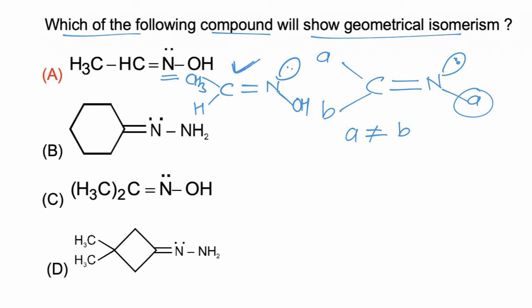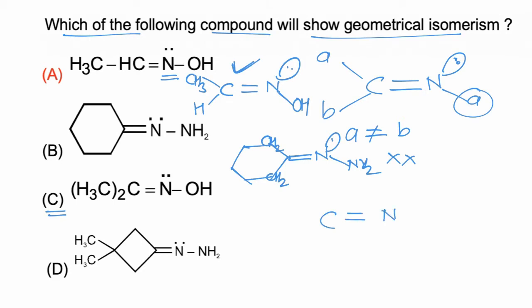If we take option B, the groups attached at nitrogen are different. One is a lone pair and one is NH2, while on the left side CH2 units are present which are identical, so this molecule will not show GI. In option C, the groups attached to nitrogen are different. One is a lone pair and the other is OH, while at carbon CH3 units are present, so these two are identical, so this molecule will not show GI.